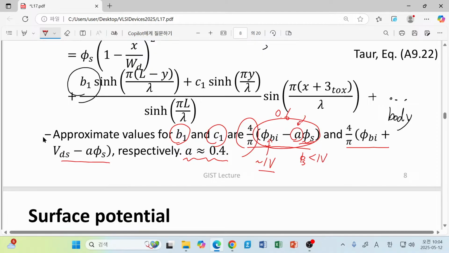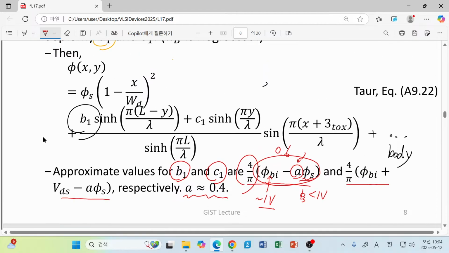That's the reason why, due to the action of this B1, our potential will be raised compared with the long channel MOS case. Even when we have zero drain bias, still, due to the existence of a source, our channel will be affected. But the point is, its effect is locally limited.